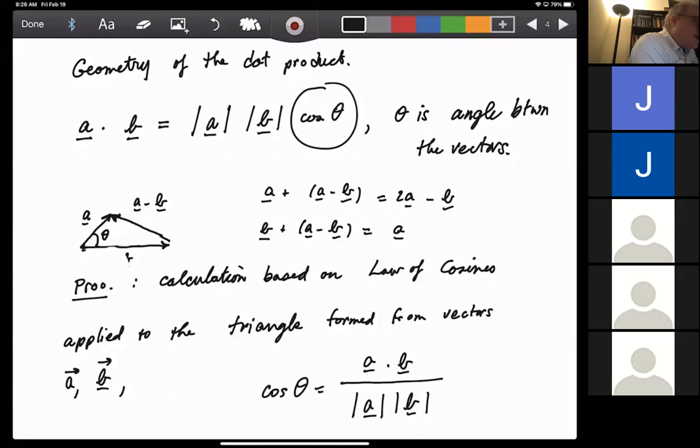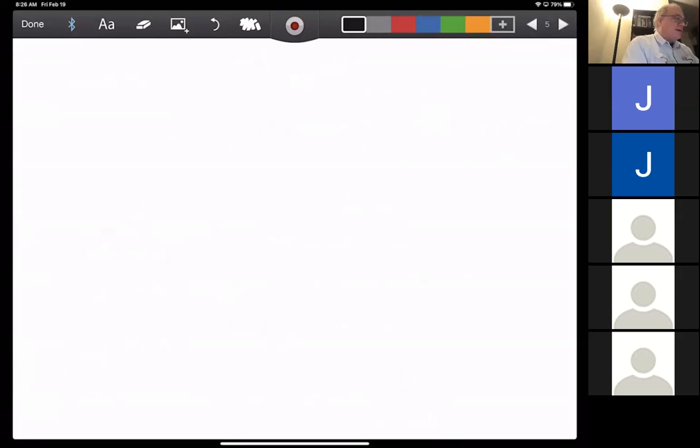Okay, and we can do an example. Let's say we've got vector A as 1, 2, 3, and a vector B, which is 4, 5, 6.